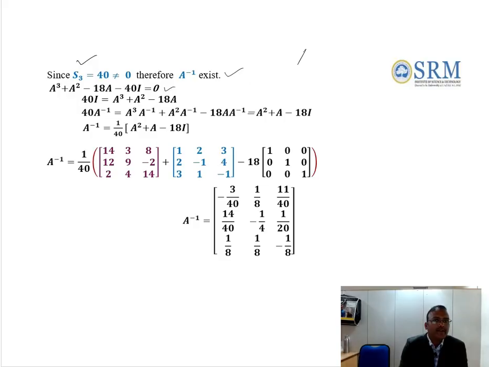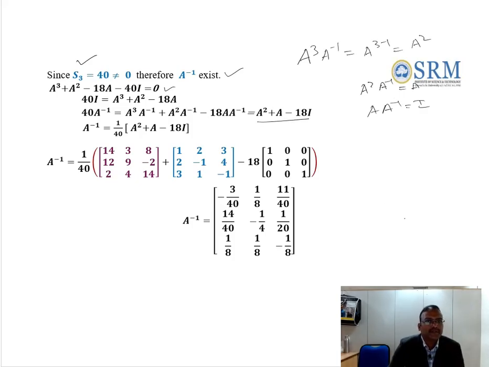But what is A cube into A power minus 1? By using the power law, A to the power 3 minus 1 is equal to A square, right? Similarly, A square into A power minus 1 is equal to A, and A into A inverse is equal to identity. Therefore, we get this expression, A square plus A minus 18I, right?